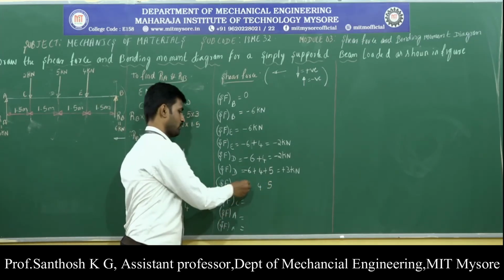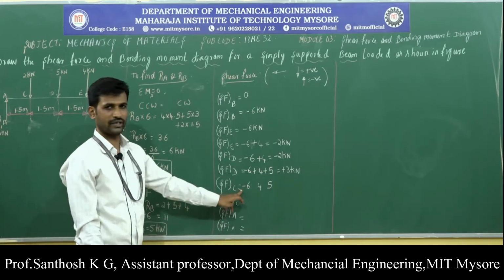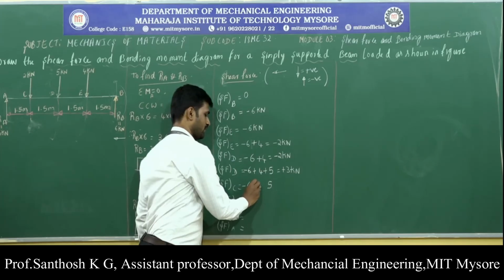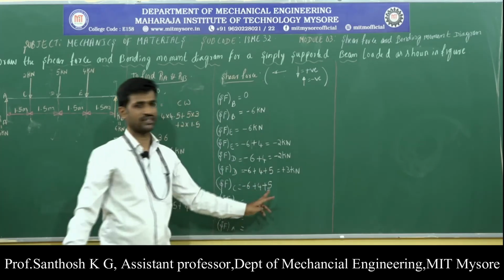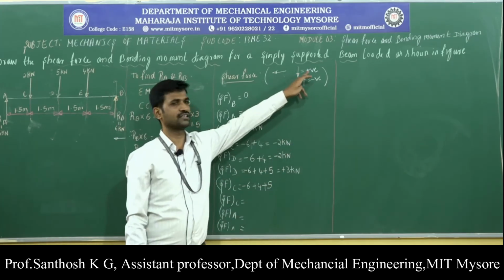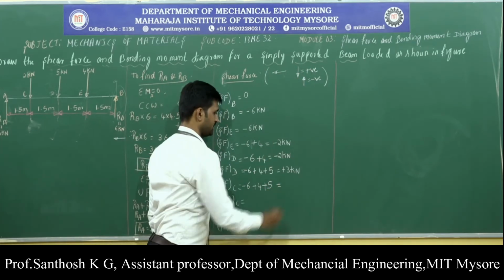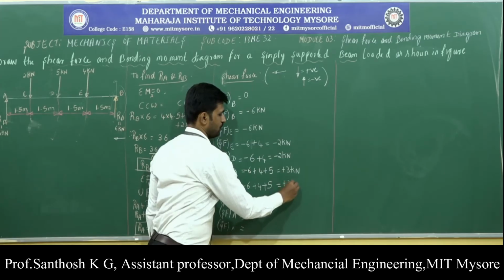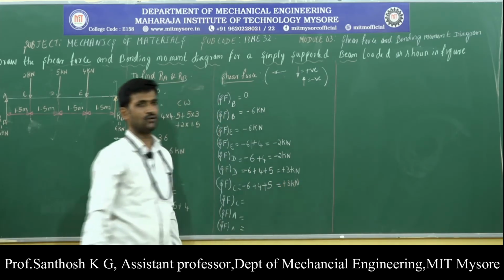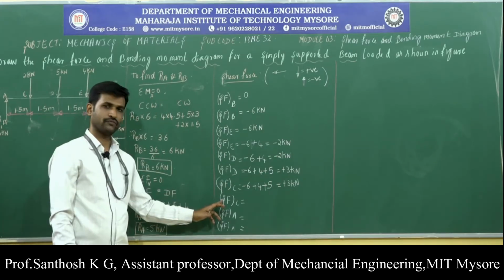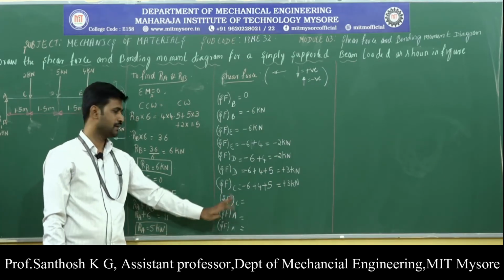The 6 kilonewton force is acting in upward direction, therefore it is associated with a negative sign, and these two forces, since they are acting in downward direction, are associated with the positive sign, and the summation equals plus 3 kilonewton.